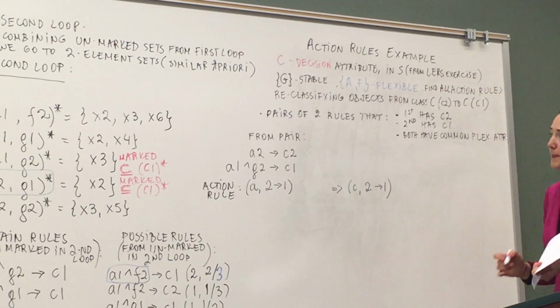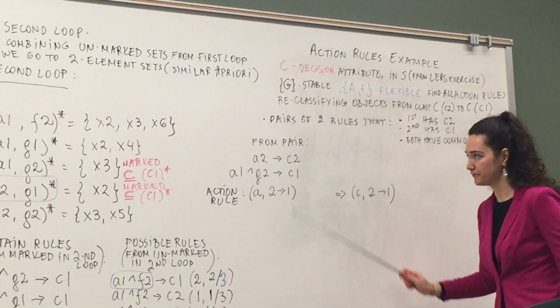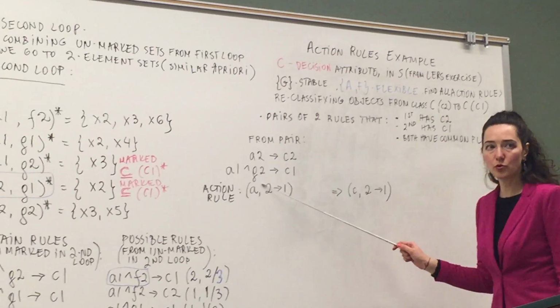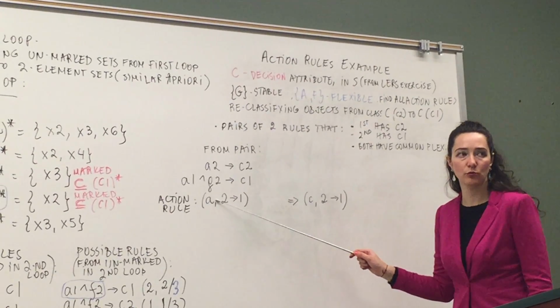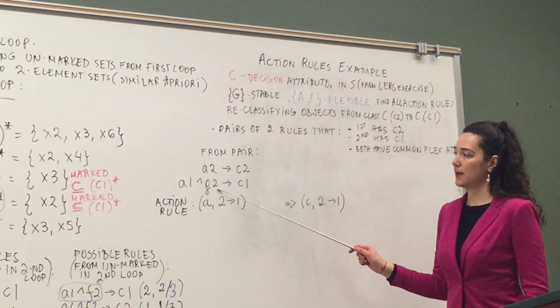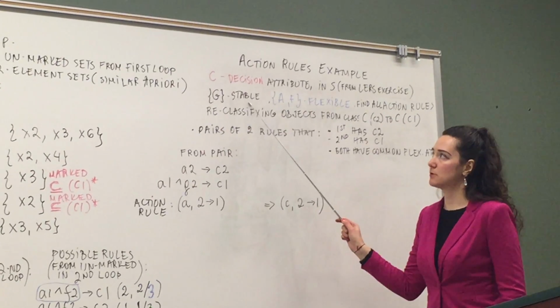Now, how about G? The rule says G is equal to 2, and G is a stable attribute.